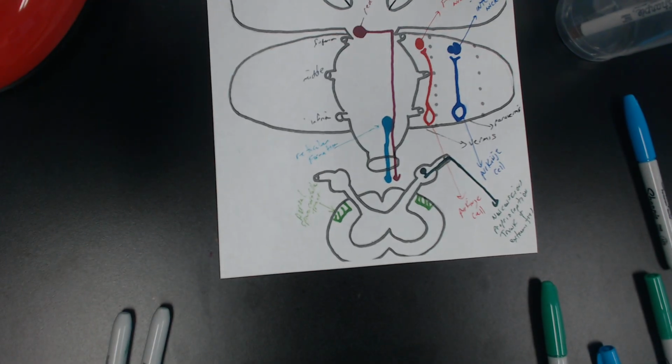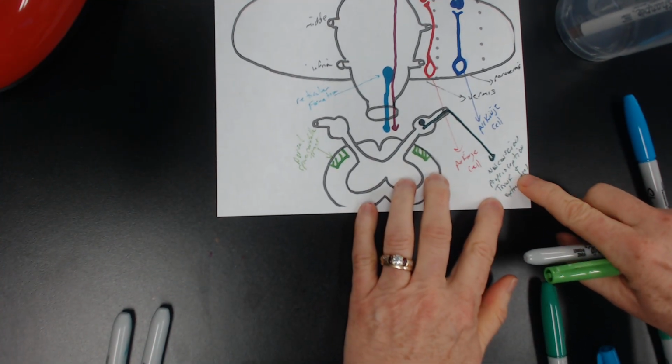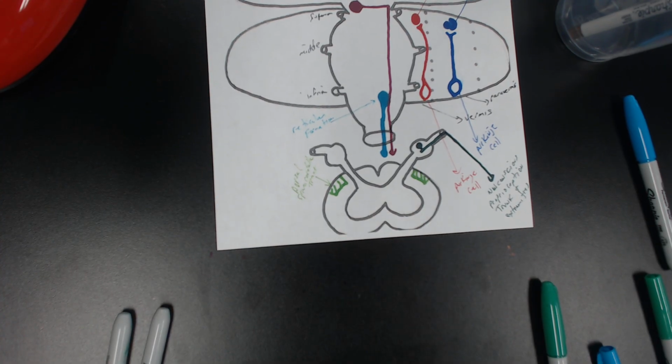Do you have a question? Happy to answer it. This is non-conscious proprioception from trunk and extremities, so information from the entire body is coming in through the dorsal spinocerebellar tract.